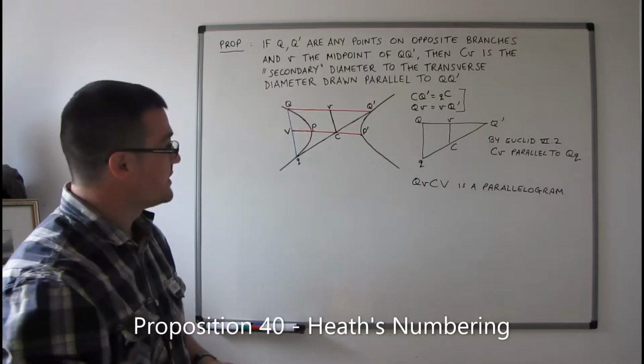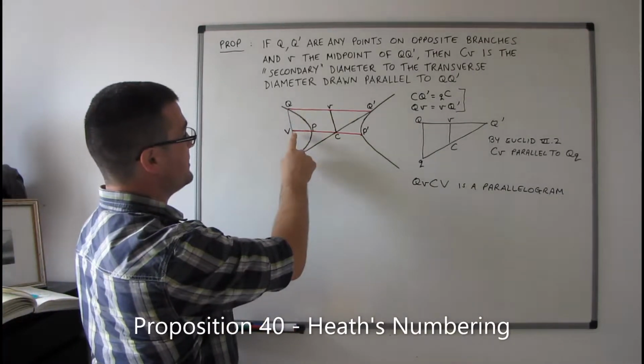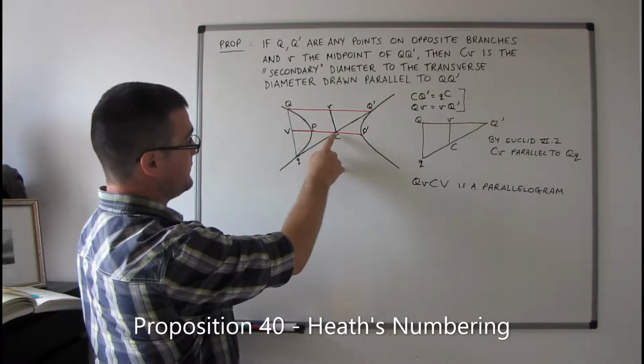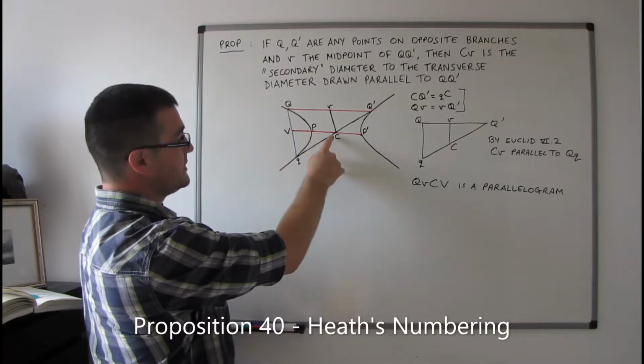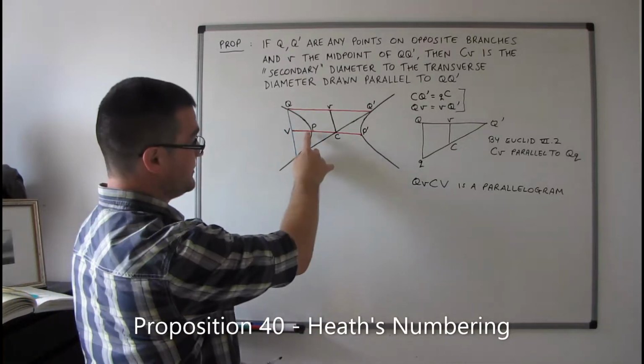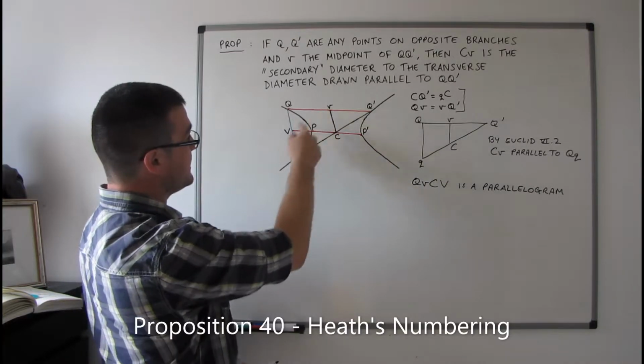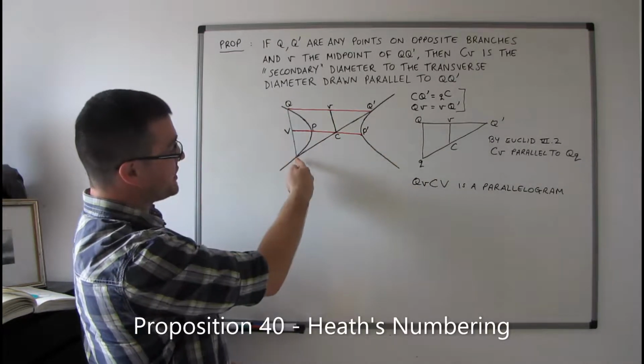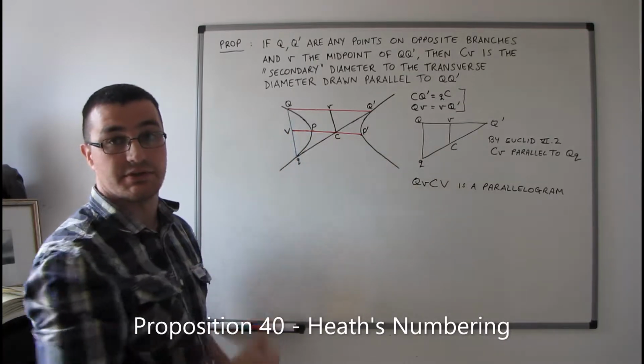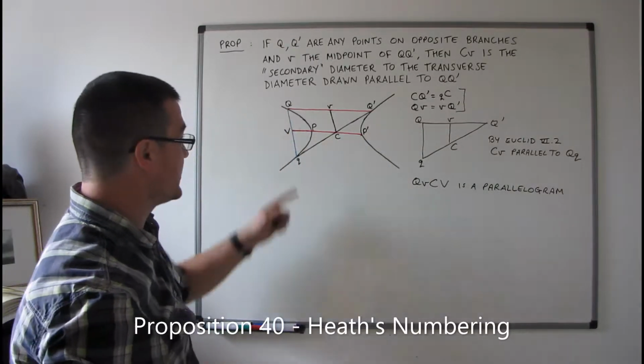It must be a parallelogram because QV is parallel to VC, or CV, by construction of the line here. And we've just shown that CV is parallel to QQ', so it must be parallel to QV as well. So we've got a parallelogram here.